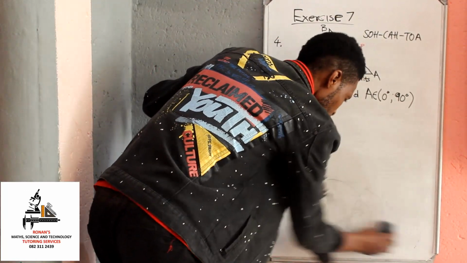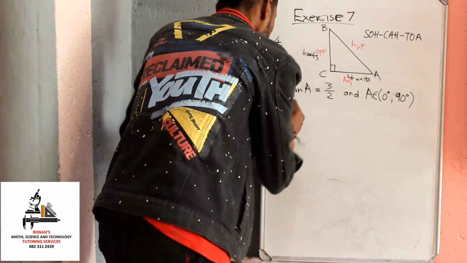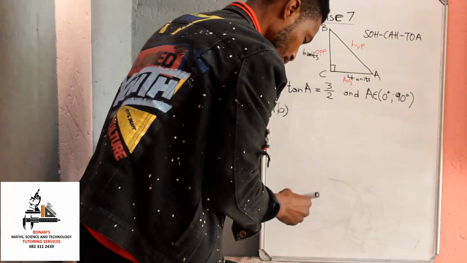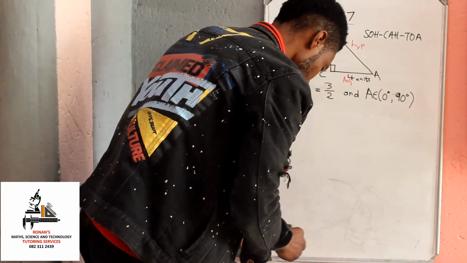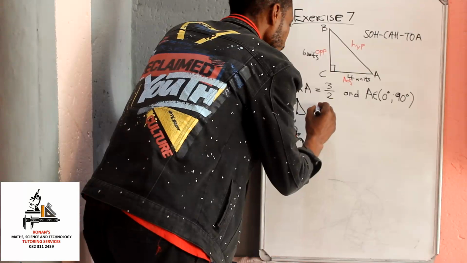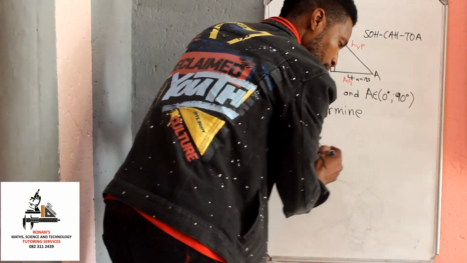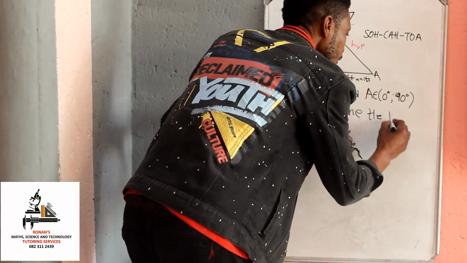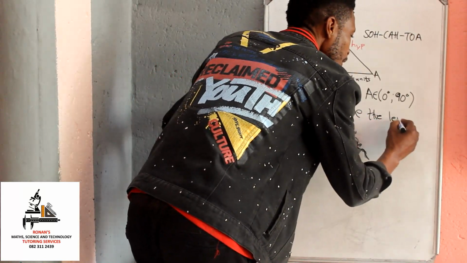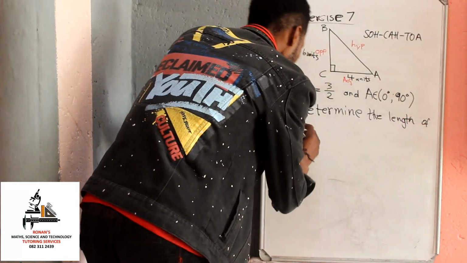Second part, which is B, requires us to calculate or determine the length of AB.